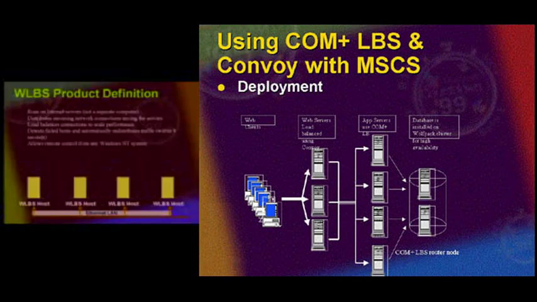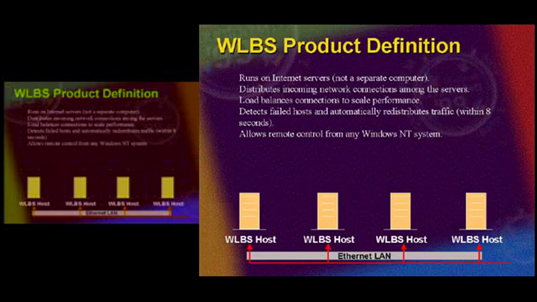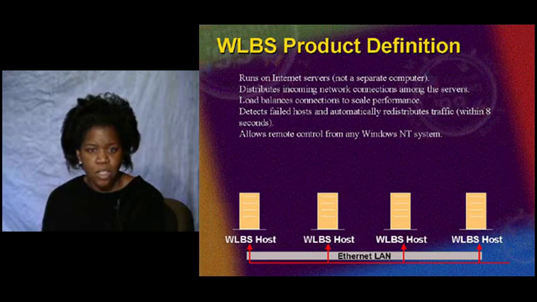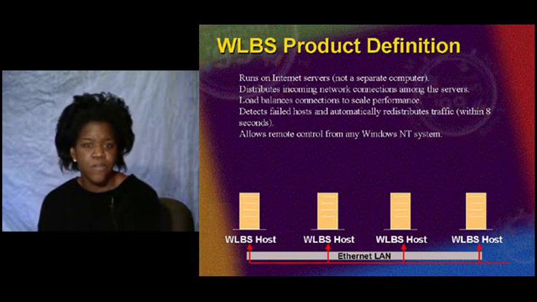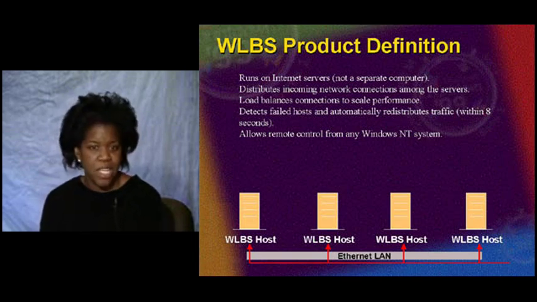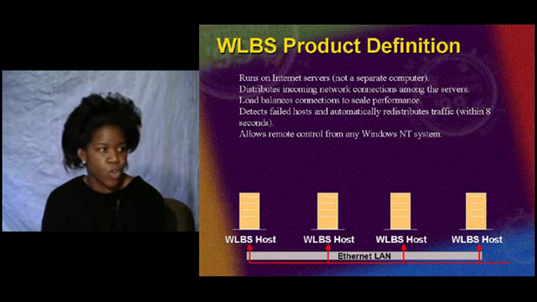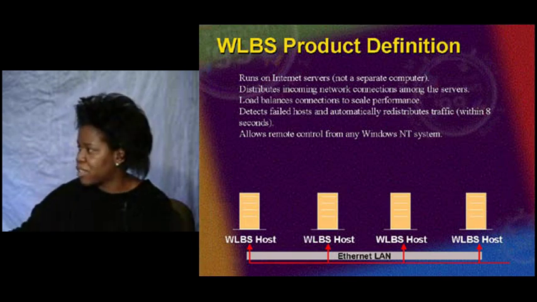And I won't go through a lot of detail with the load balancing, but the key here is that when you're using the Convoy technology, the Microsoft load balancing services, basically all the servers within WLBS, or NLB, I think is what it's called now, all receive the same IP request, but based on an algorithm, only one server will actually respond to the request.